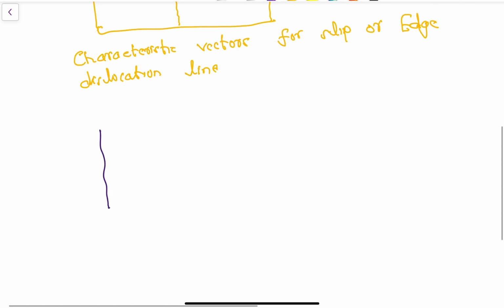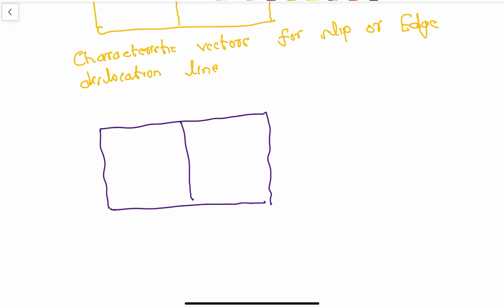So let us draw the slip and no slip region once more. This line is the separation between slip and no slip region.